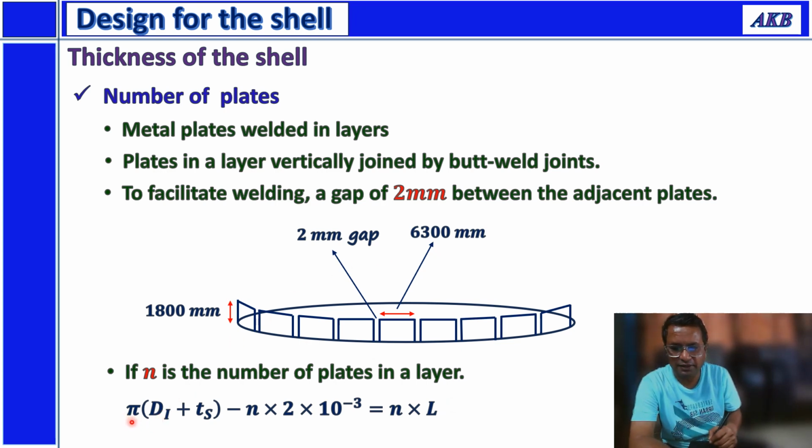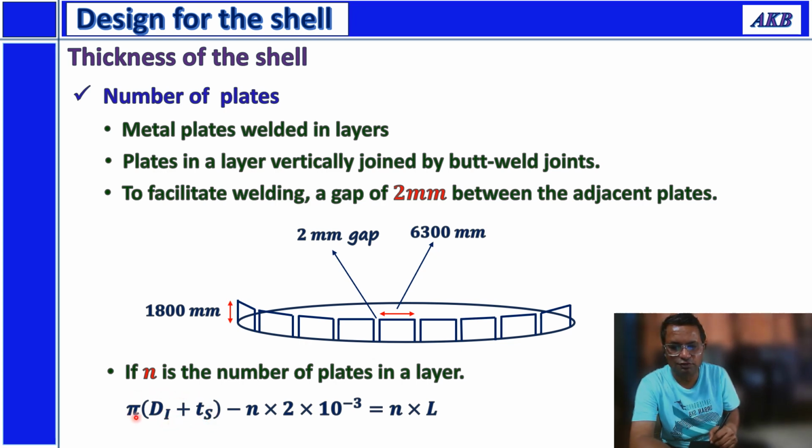Now pi into (Di plus Ts), internal diameter of the shell plus thickness of the shell, will give you the equivalent diameter. Equivalent diameter into pi will give the circumference of the shell, that is pi into (Di plus Ts), internal diameter plus thickness.